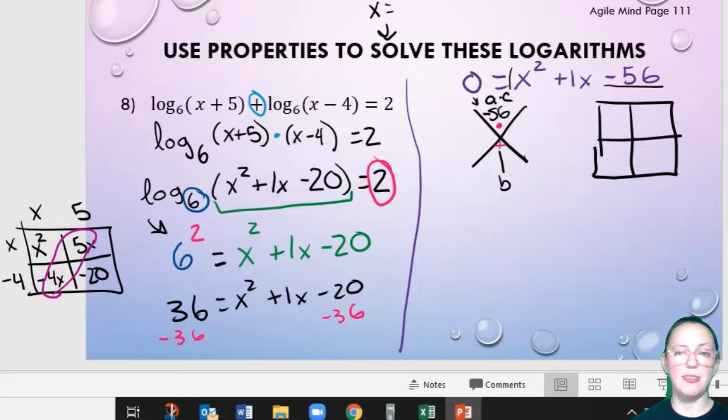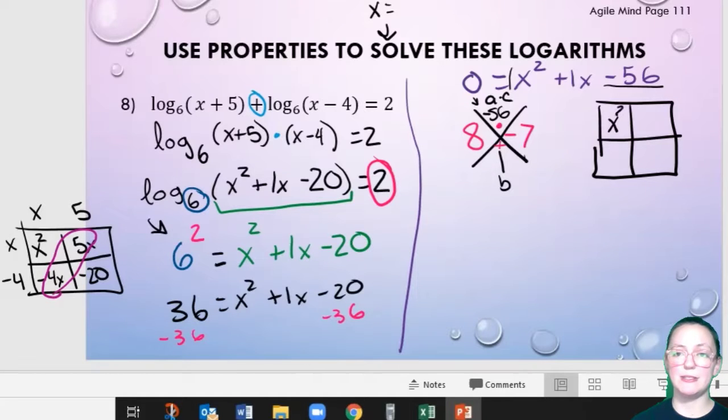So what I think of when I see that is we're going to wind up with 8 and 7. They multiply to make 56 and have a difference of 1. And if I want this to be a positive 1 on the bottom, I'm going to need this 7 to be negative. That way we wind up with a product that is negative and a sum that is positive. So then we're going to fill in our box.